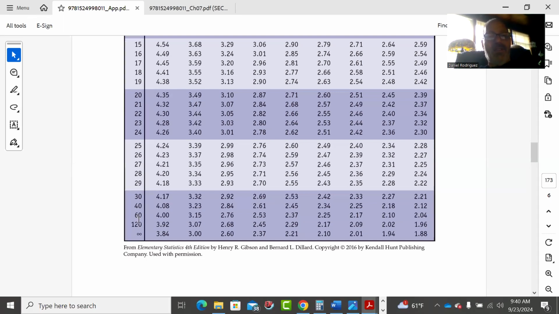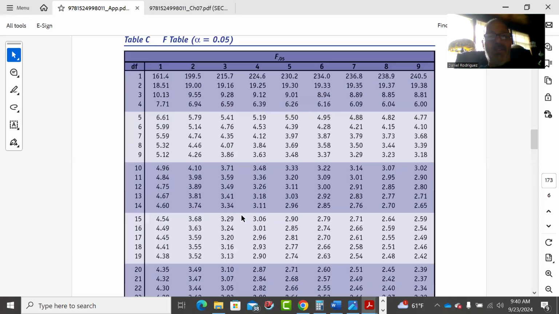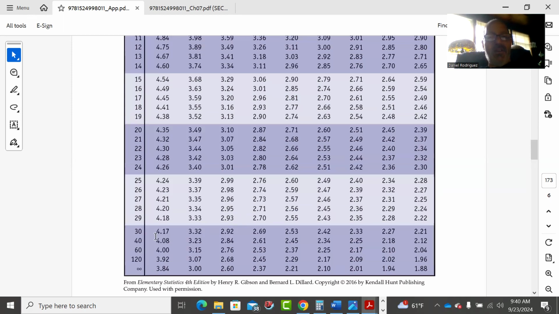For the within, right? So I'm going to use the larger critical value, right? The larger critical value. So here we have 3 for the numerator, and then for the denominator, I'm going to pick the larger. So 2.68 is smaller than 2.76, so it would be easier for me to reject the null hypothesis at 2.68 than it would be at 2.76.